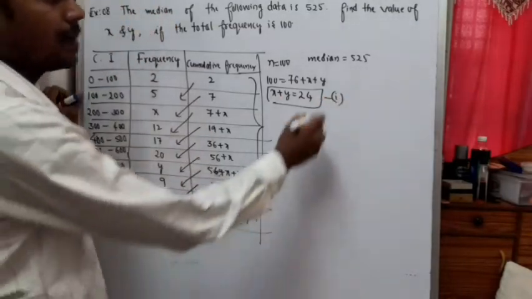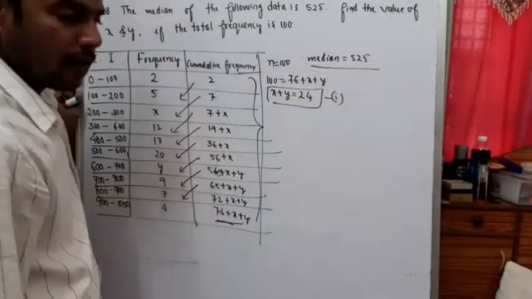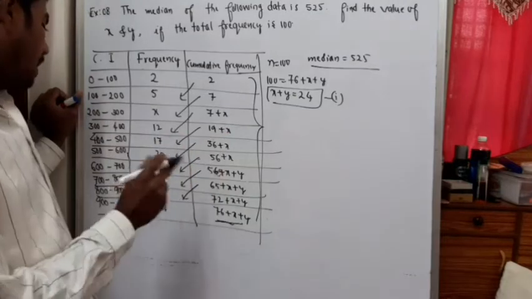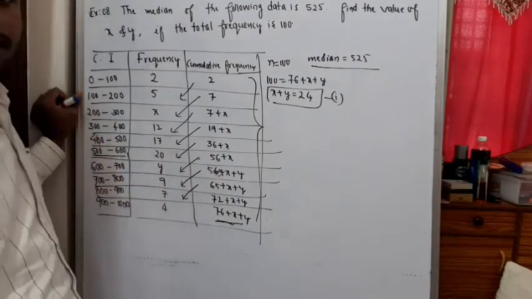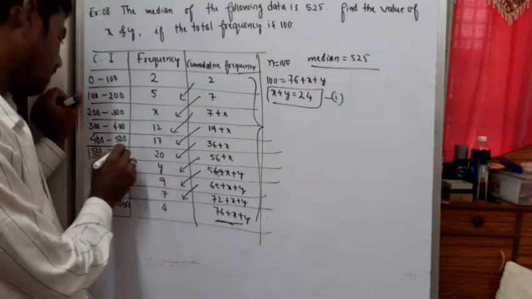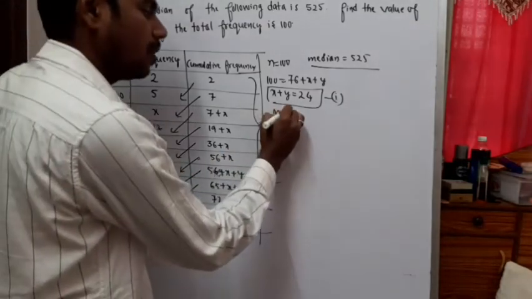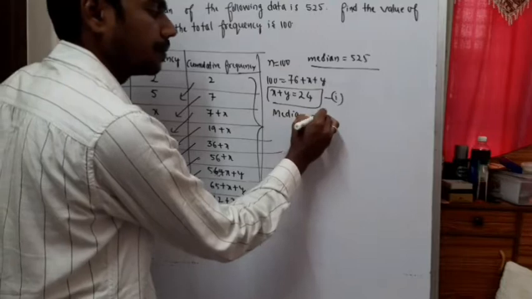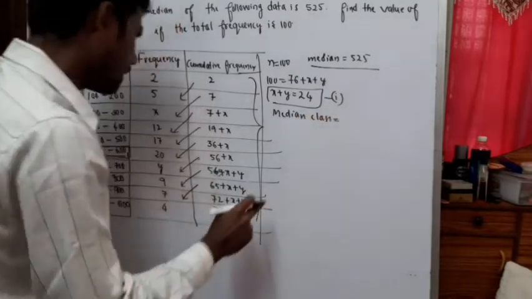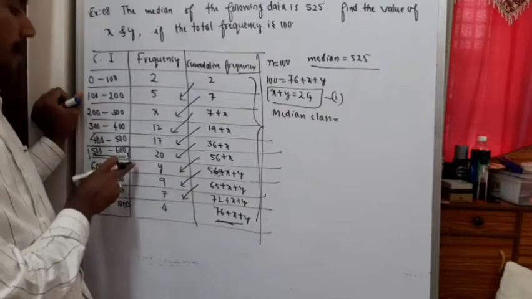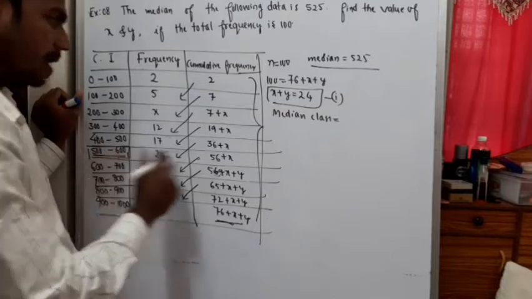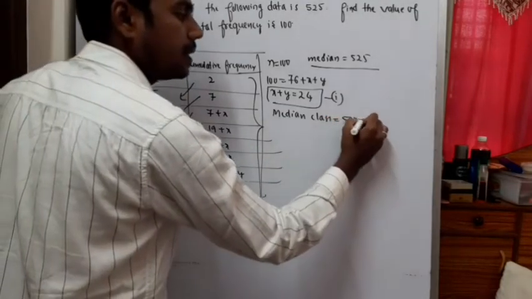Okay. Now the median is 525. So where does 525 fall? 525 will fall in between 500 and 600. That is the median class. So median class is 500 to 600.